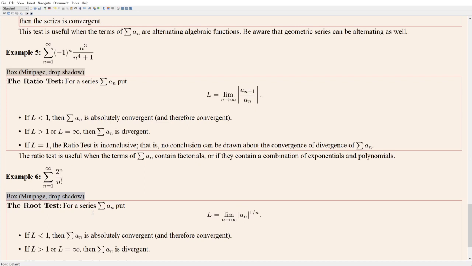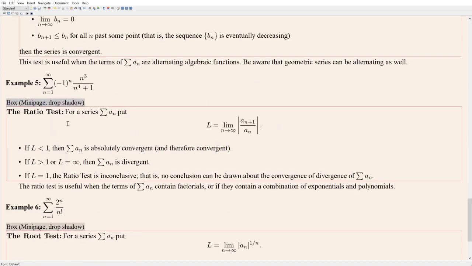Similarly, if the terms of the sum contain factorials or some combination of exponentials and polynomials, then even if it's alternating, the ratio test is still going to be more useful, because the absolute values here are going to kill the alternator. So the ratio test can also be useful for alternating series.